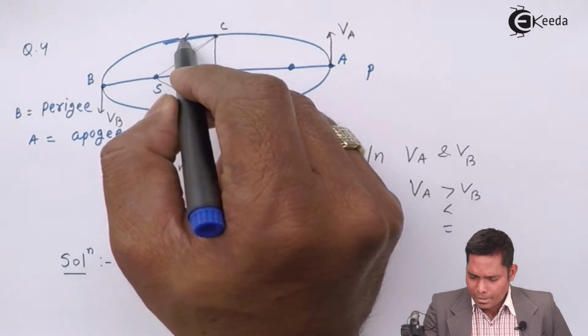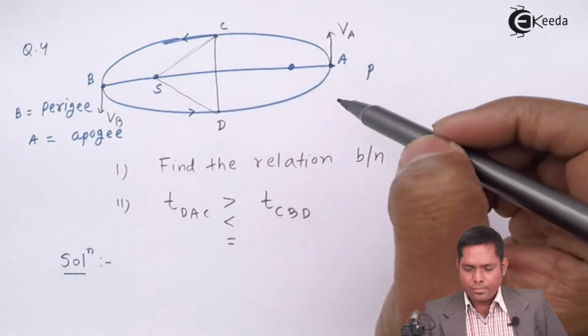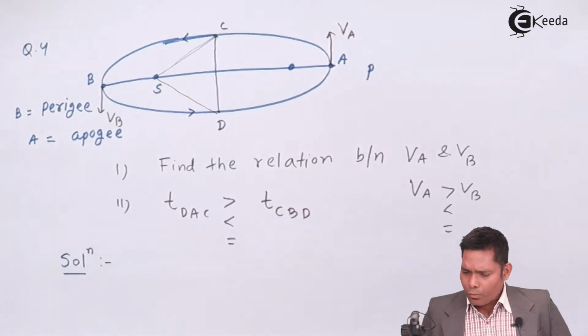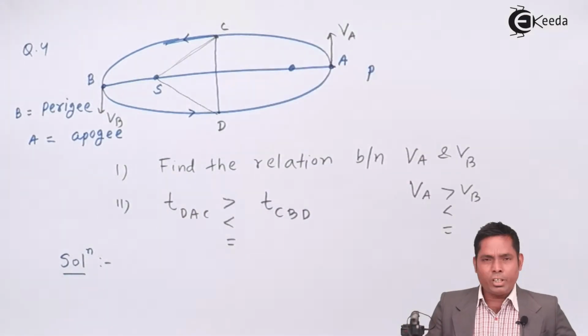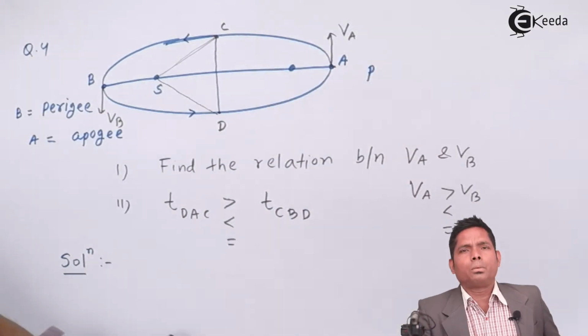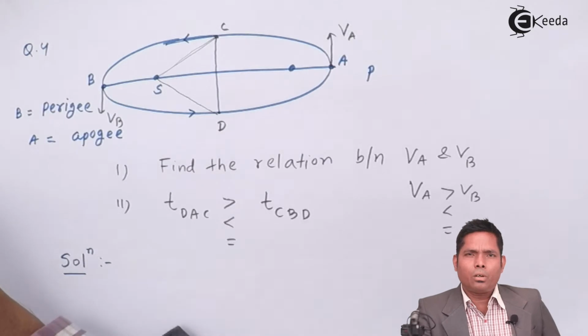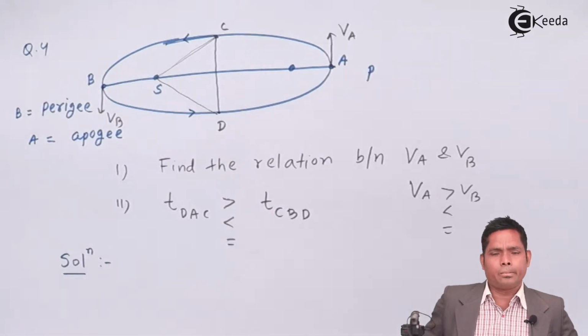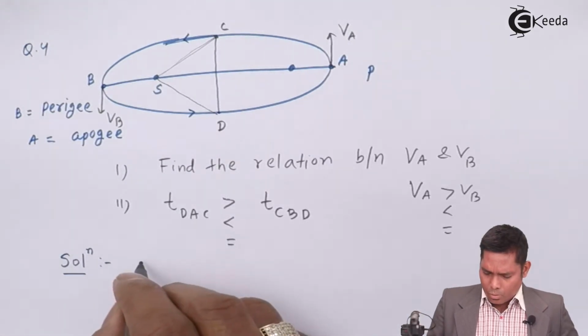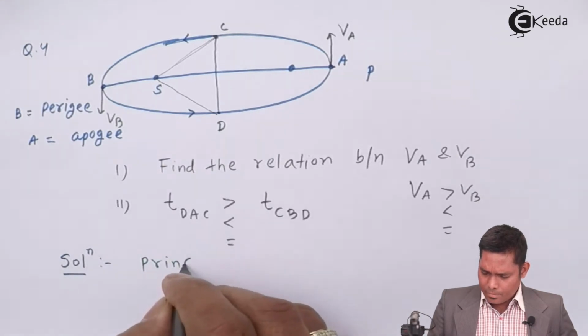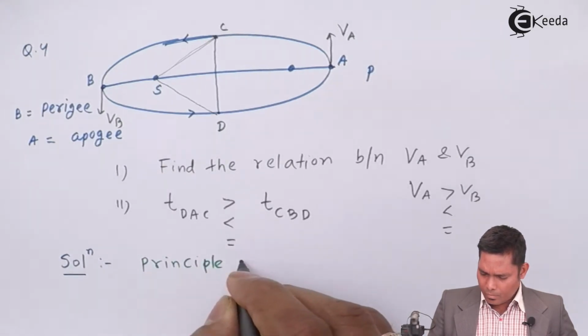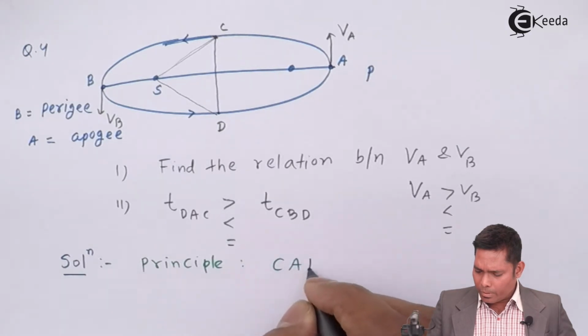We know that suppose the planet is moving in the anti-clockwise sense. This motion of the planet is based on the principle of conservation of angular momentum.